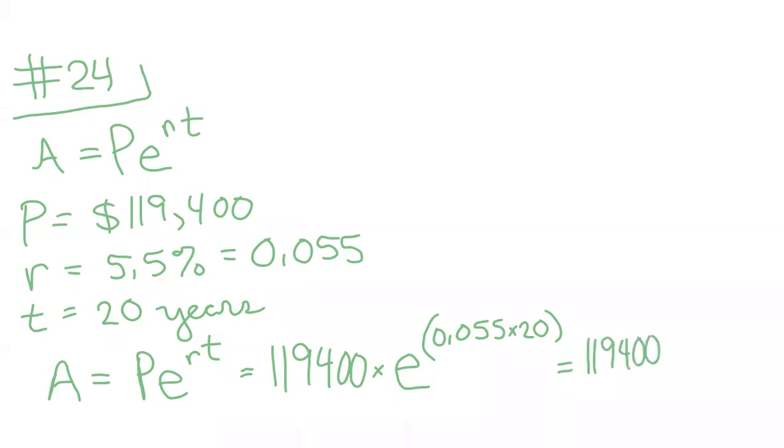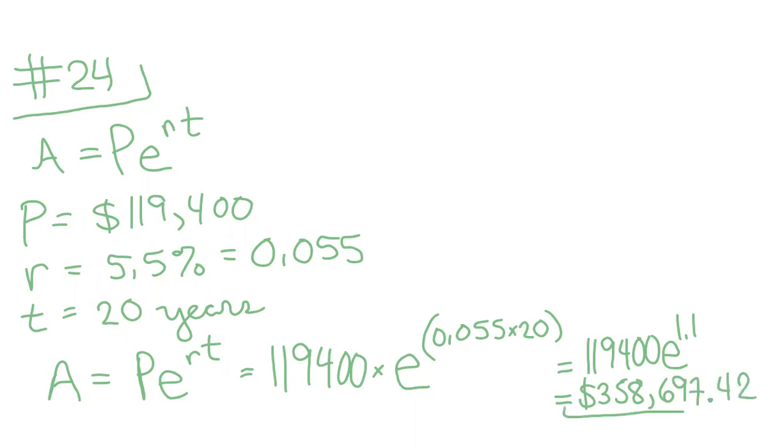So 119,400 e to the 1.1. I have an e function on my calculator, right? I hit second, base e raised to the 1.1, and then hit enter, and then multiply by 119,400, right? Our P. And what we get after 20 years is $358,697.42.